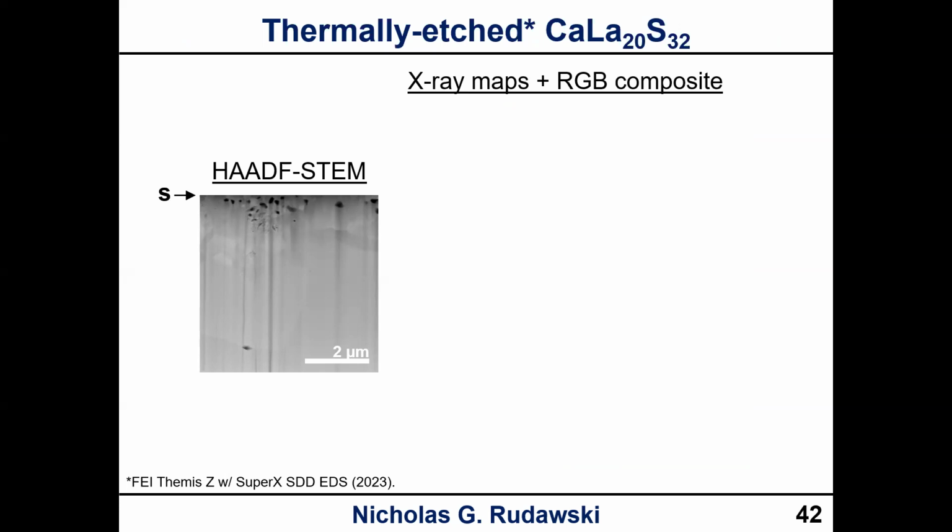We see some regions that have fairly fine grains, and then the grains tend to get bigger as I move away from the surface, which is denoted by the S. Unfortunately, you do see these vertical streaks, which is due to curtaining from the FIB prep, which happens whenever you have porosity like this, so it's kind of hard to get around that per se. But the point is, it's a complicated microstructure. And unfortunately, just by looking at the image alone, we really don't have a clue as to what this tells us chemically, or elementally.